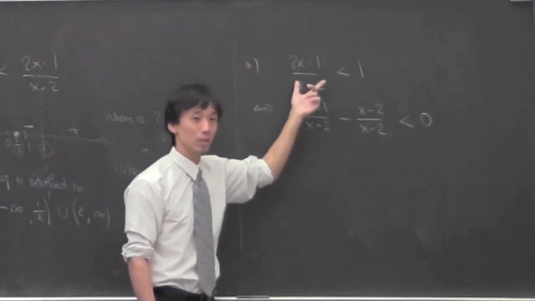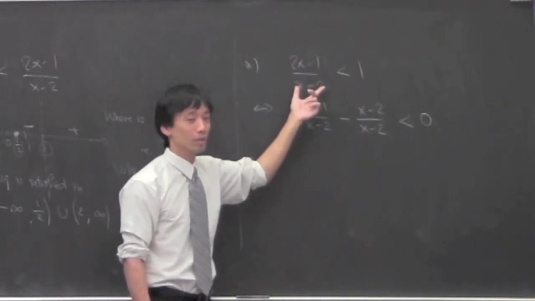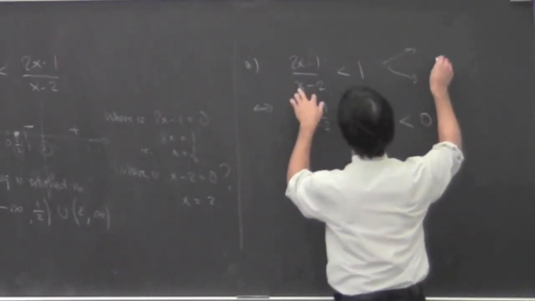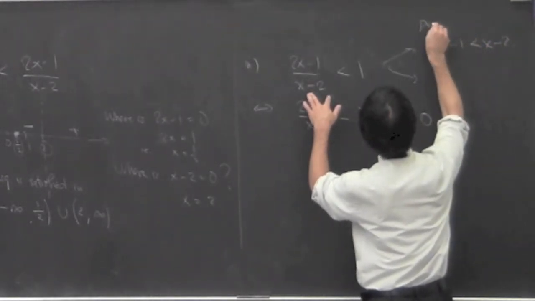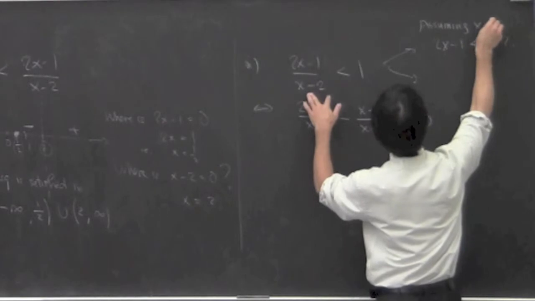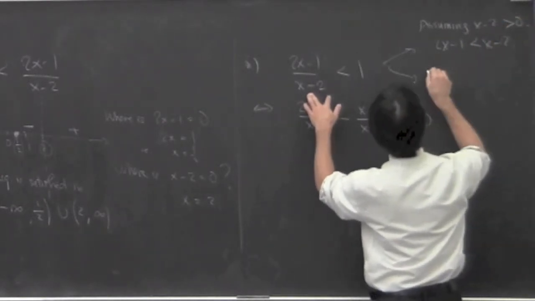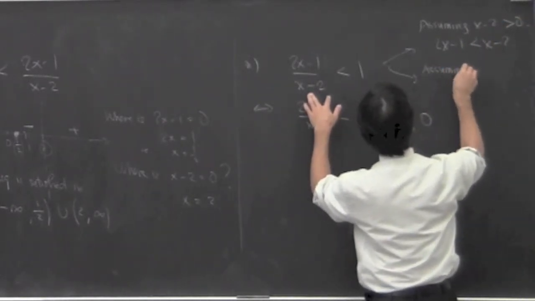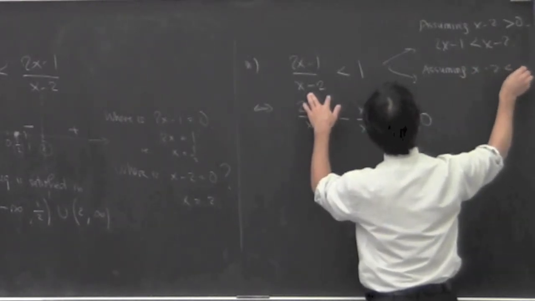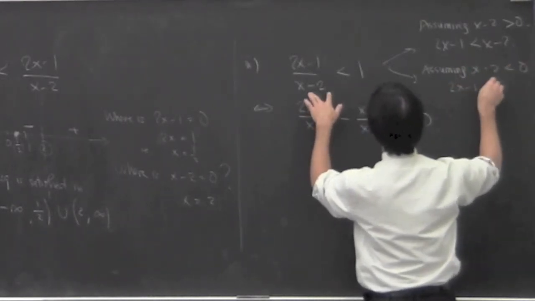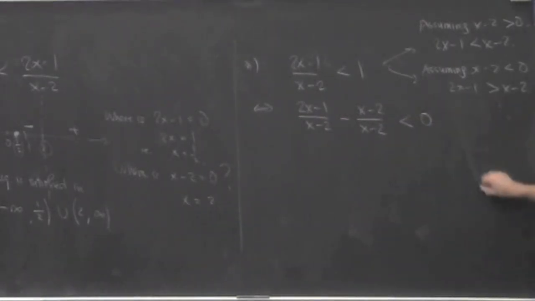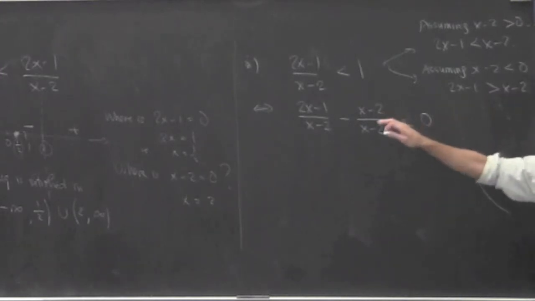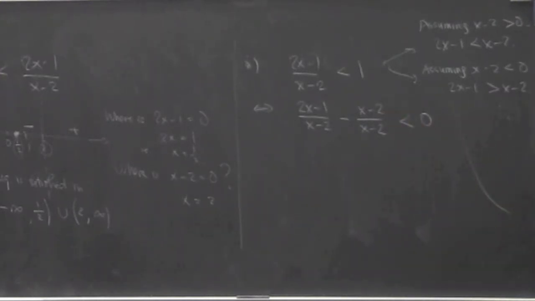So you say 2x minus 1 is less than x minus 2, assuming x minus 2 is positive. And then assuming x minus 2 is negative, you have 2x minus 1 is greater than x minus 2. You could do it that way, that's perfectly fine. I'm going to do it in a way that's similar to the previous way.